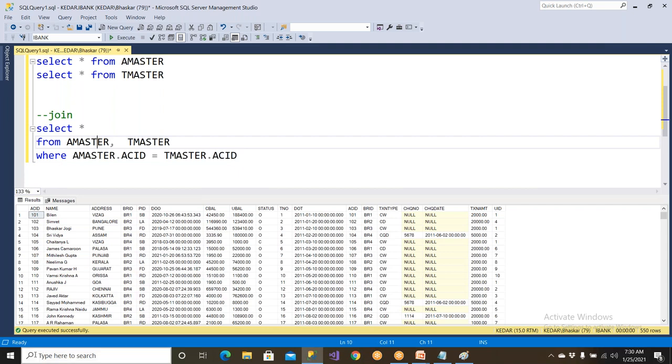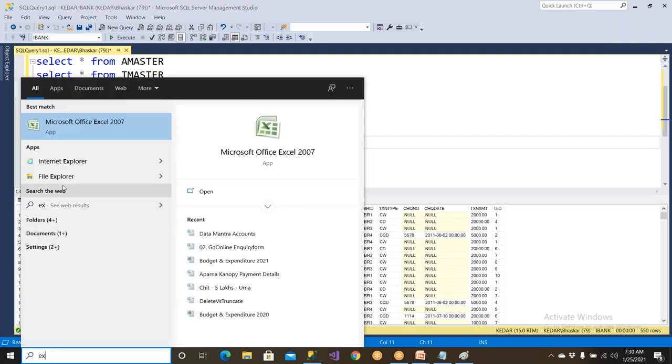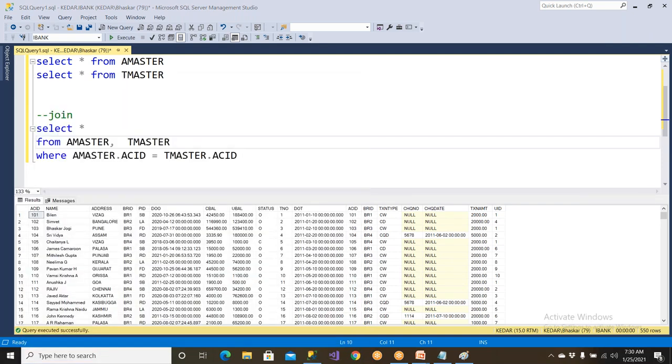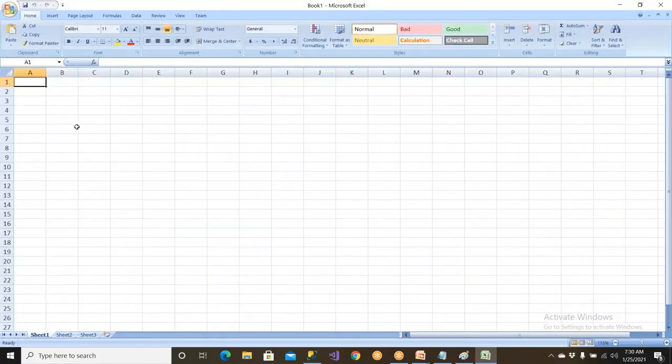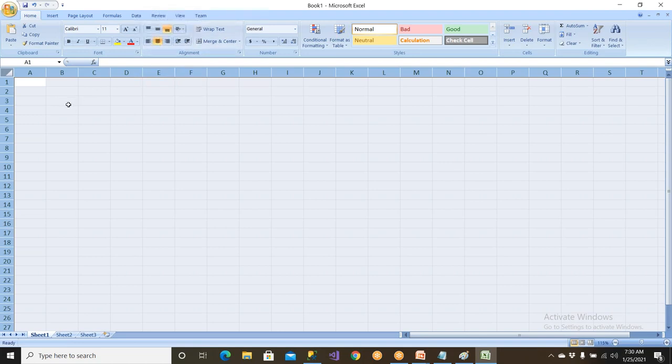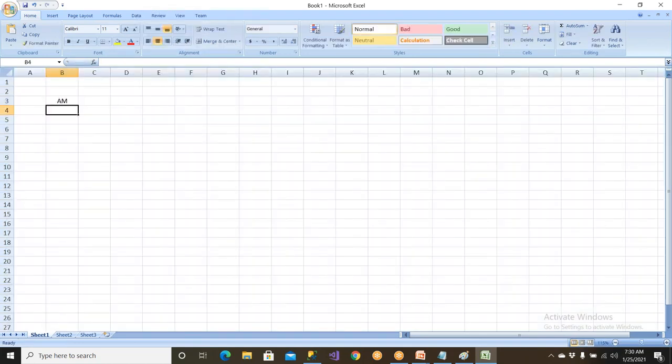Now I'll show you a simple example. I'll take an account master table: account ID, name, and balance. Let me take only a few columns.